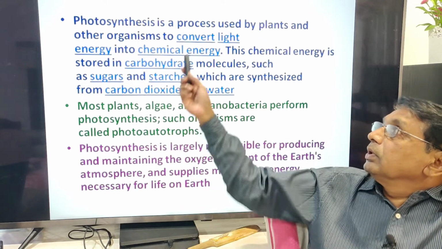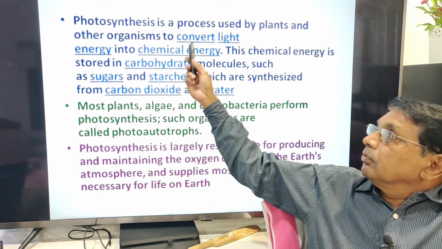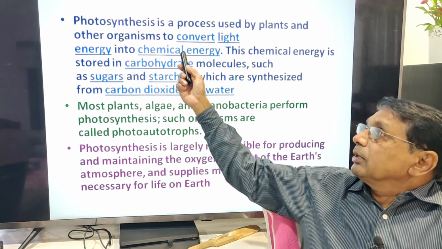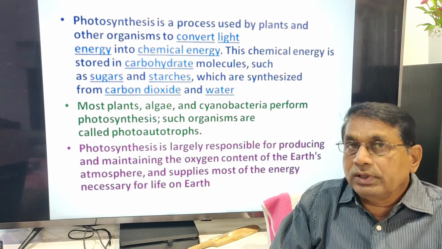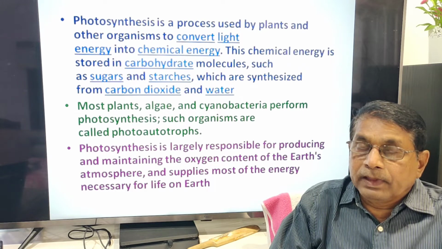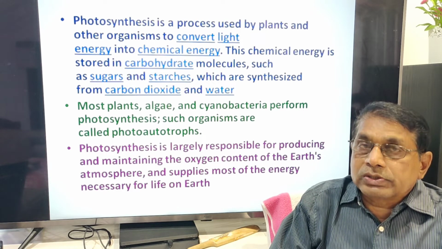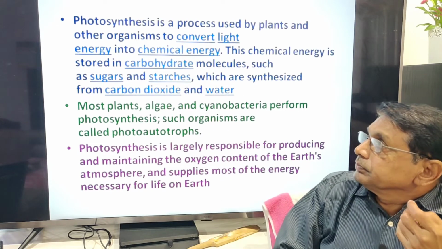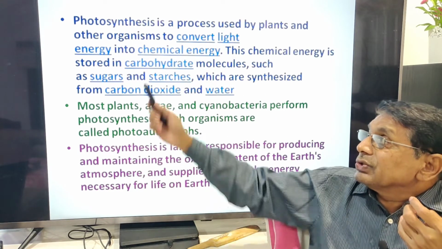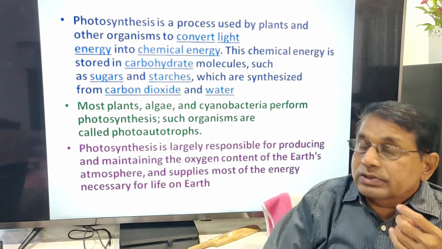Then convert light energy into chemical energy. Light is a source of energy. And during photosynthesis, light energy is converted to chemical energy, and it is stored in carbohydrates.